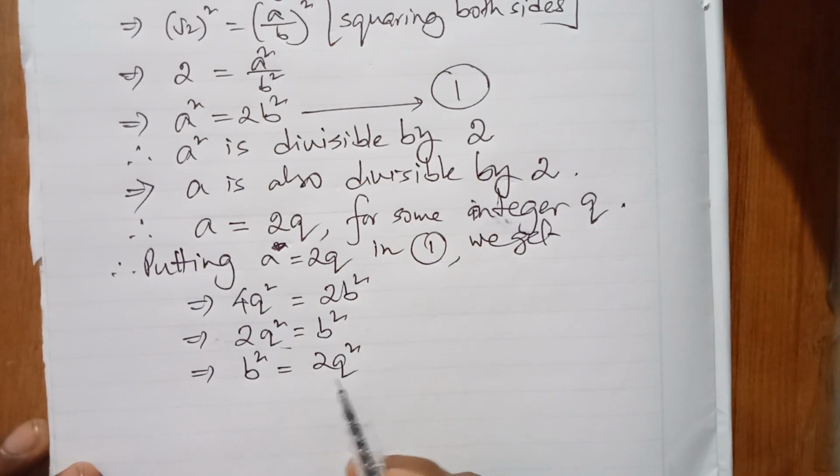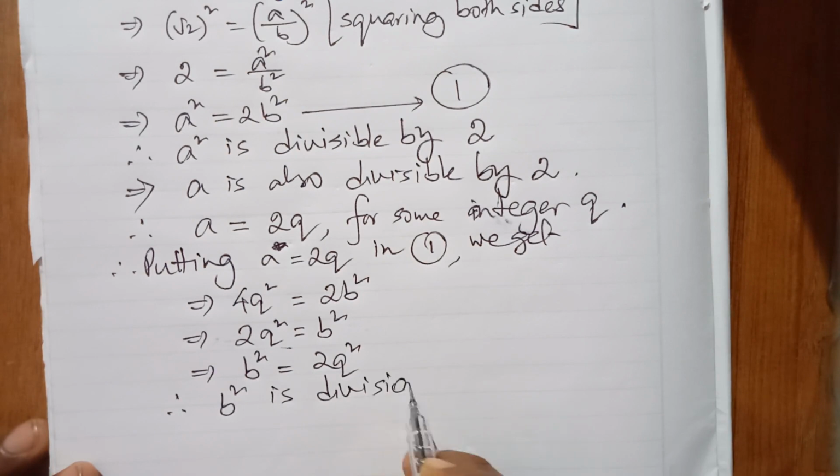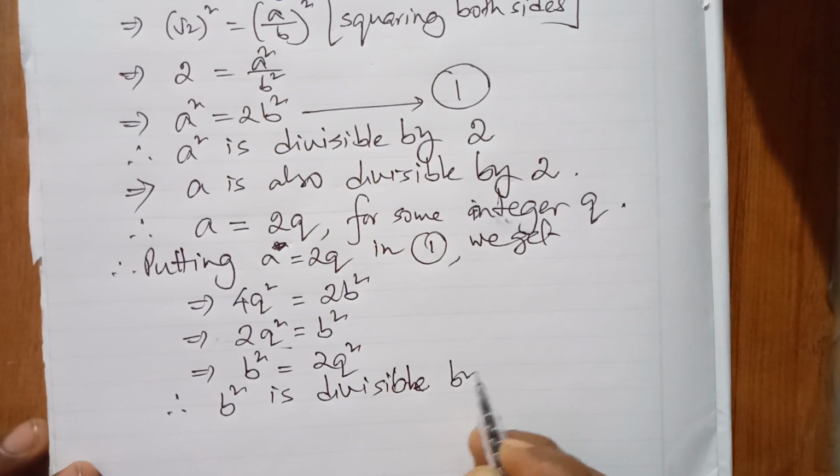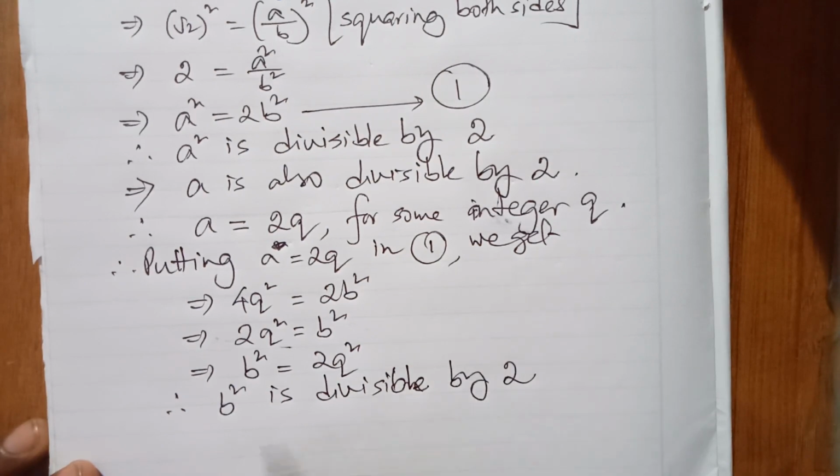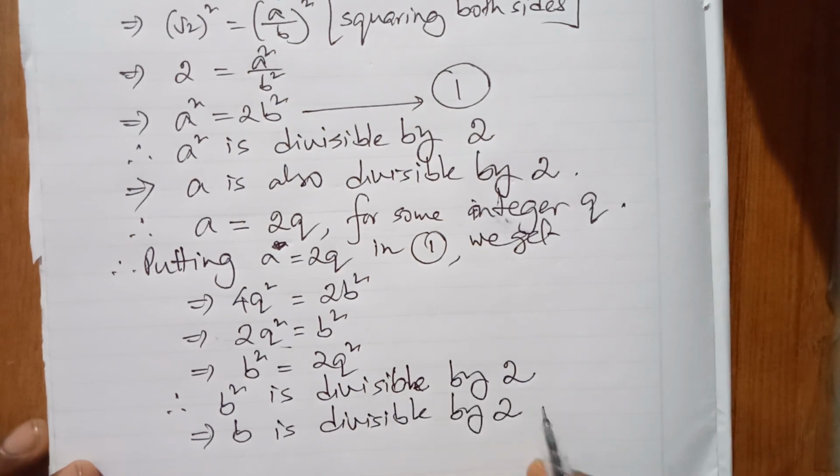So again you take this as dividend equal to divisor into quotient. Therefore b square is divisible by 2. So if b square is divisible by 2, then this implies that b is divisible by 2.